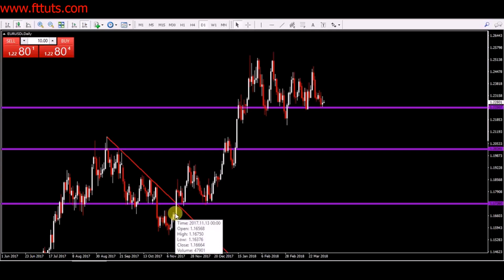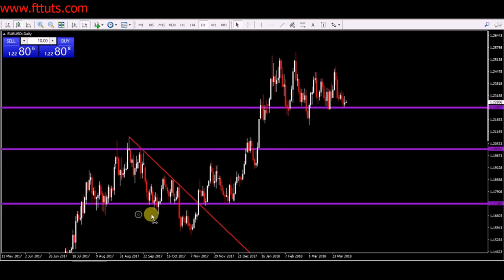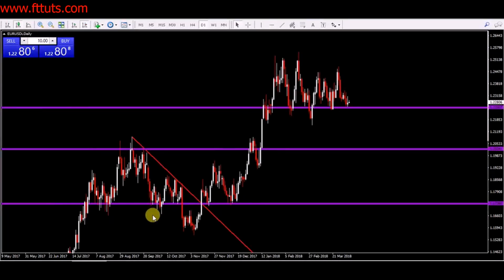All right, you've seen it come through, no break and close above the trend line. But here you would have seen a break and close on the daily chart above the trend line. Now you know to look for longs. It is now officially in the buy zone. So two of your rules have been met.